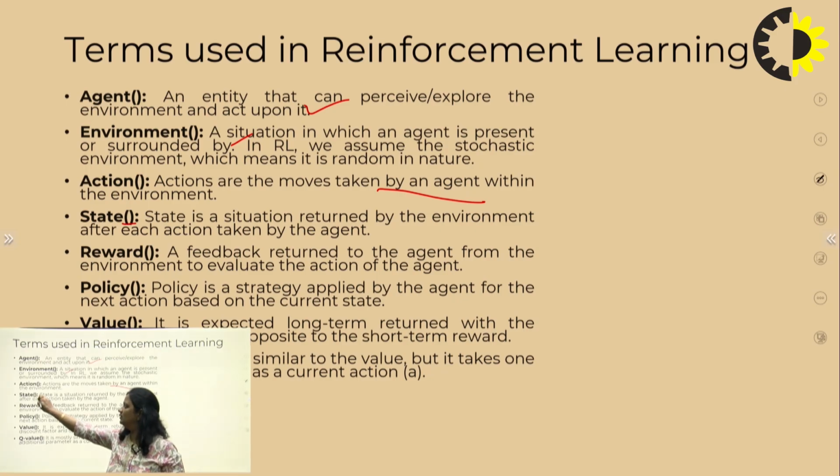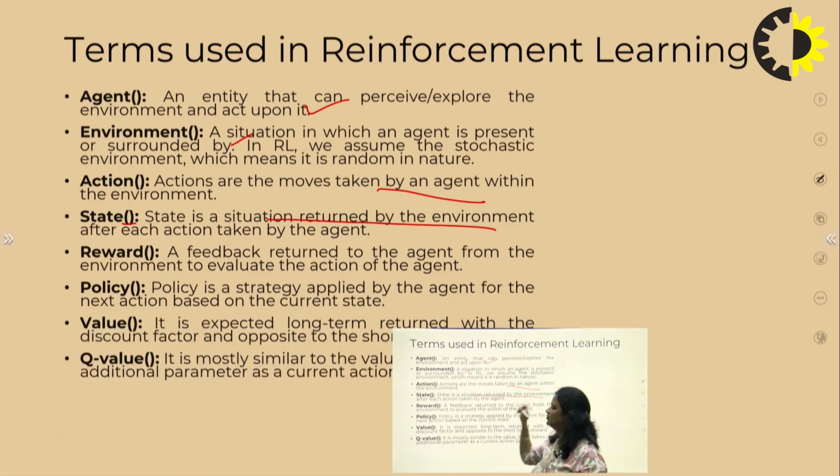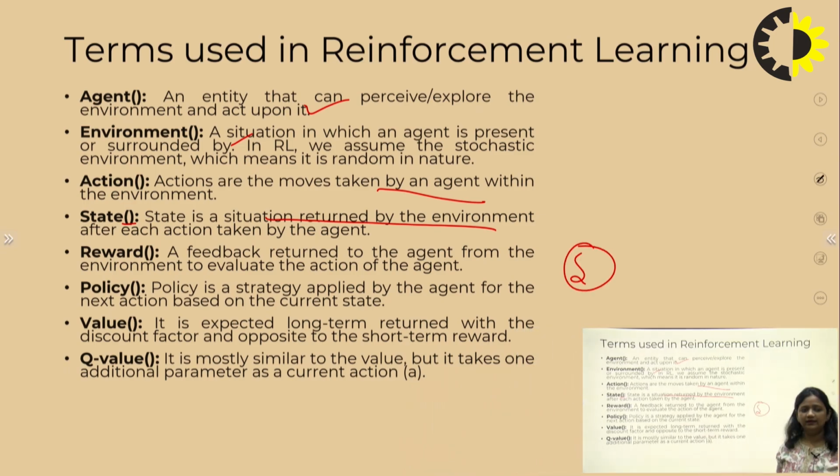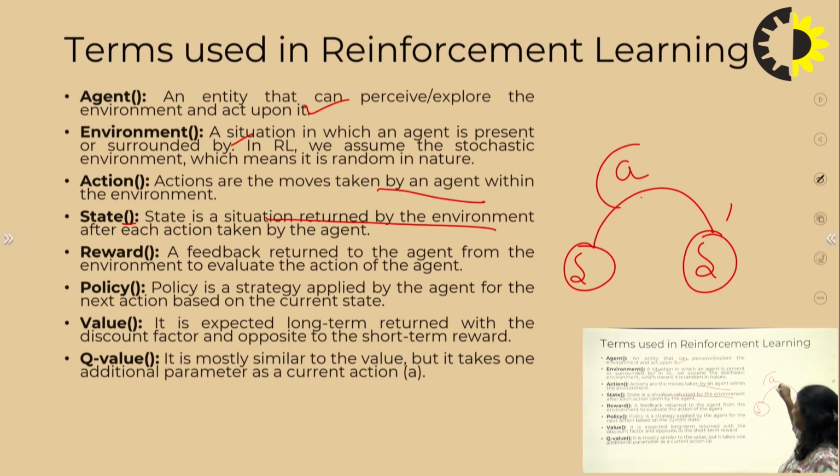Now the state. State is a situation returned by an environment. If the agent is in the current state S, and the agent performs some action A, then it will be in a new state, that is S dash. So state is a situation returned by an environment after performing some action.